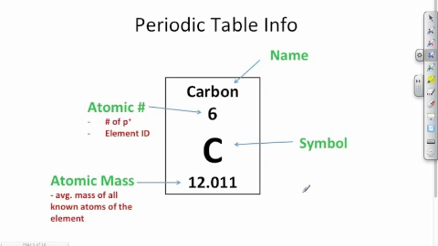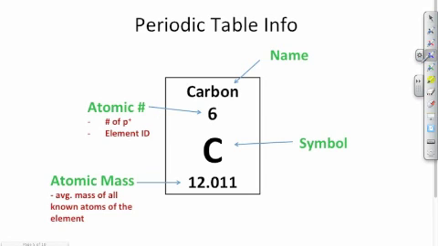Now, the periodic table, as you can see here, has a lot of useful information. Now, not every periodic table looks the same, but they have pretty much the same pieces of information. This block for carbon off the periodic table has its name, the name of carbon, how it's spelled. Underneath the name, we've got the atomic number.